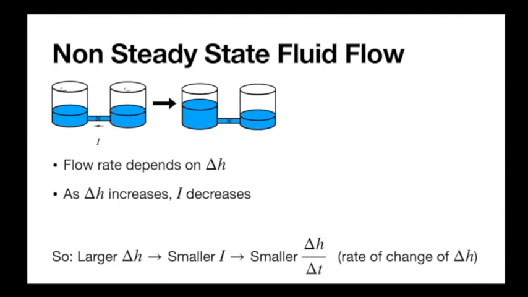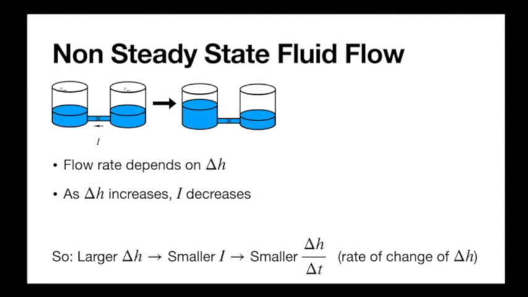What is flow rate? It's the flow of fluid over time, right? It's volume per second. And what determines the height, delta H, of the water in the two columns? The volume of fluid in them, right? If I displace some volume of fluid from the left to the right, then their heights will change accordingly.